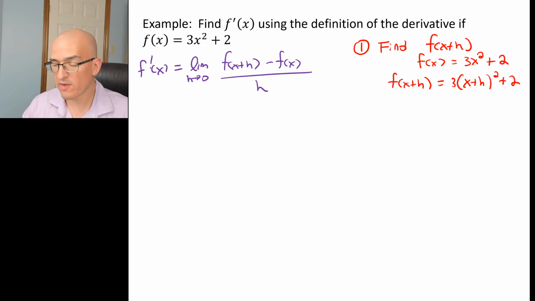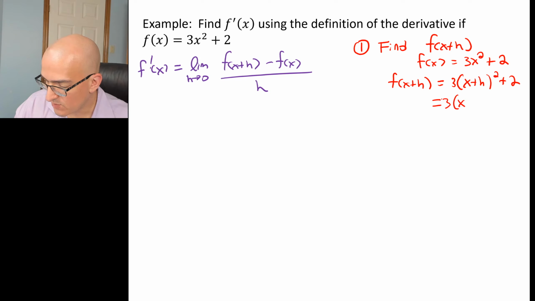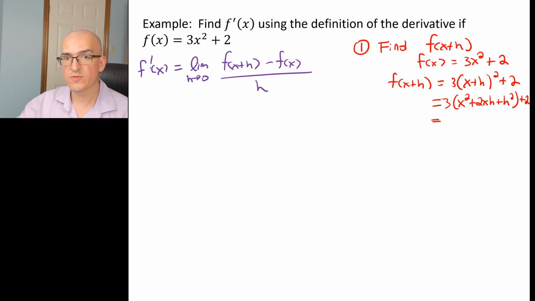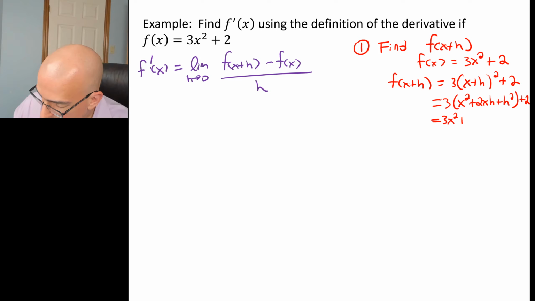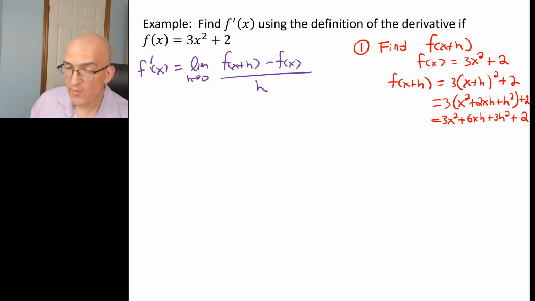We have to FOIL that. When you FOIL, you'll get x squared plus 2xh plus h squared plus the 2. Now I'll multiply all those pieces in the bracket by the 3, and we get 3x squared plus 6xh plus 3h squared plus 2. We can look for like terms to combine, but I don't see any.